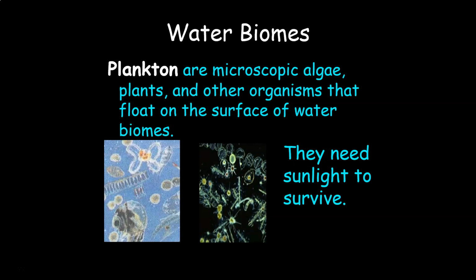These guys tend to float right on the surface of the water. Most of them are very much dependent on sunlight for either the photosynthesis itself or because they're eating those photosynthetic organisms, so they definitely need that sunlight to survive. But this is the base support to most food chains in aquatic ecosystems.